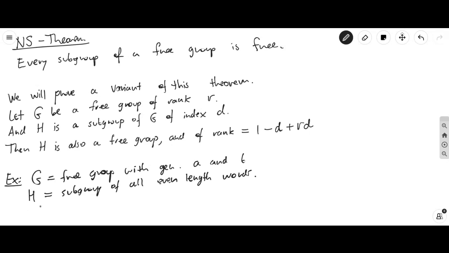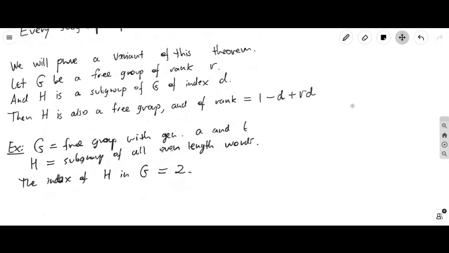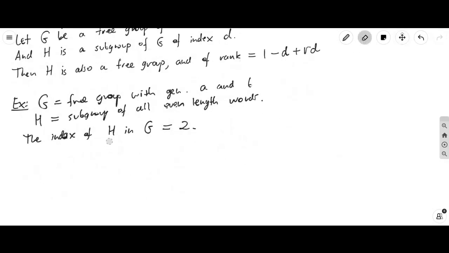And the index of H in G is equal to 2, because if something is of even length, it's already in H, so it's in the coset H. And if something is of odd length, so just make up a word of odd length, let's say A, B, B, A, B inverse, A. How many is that?